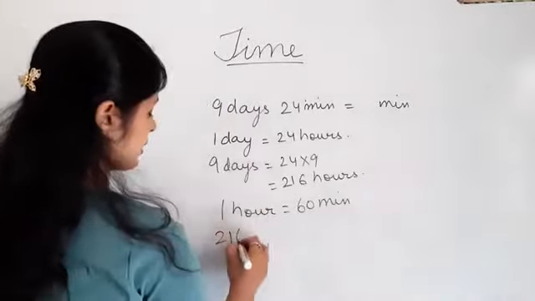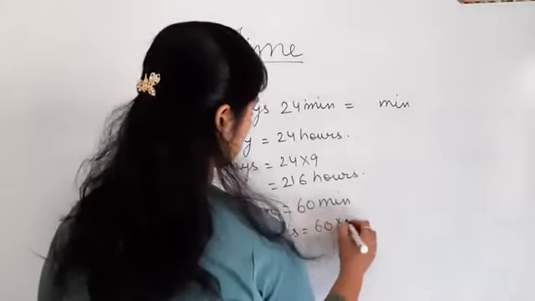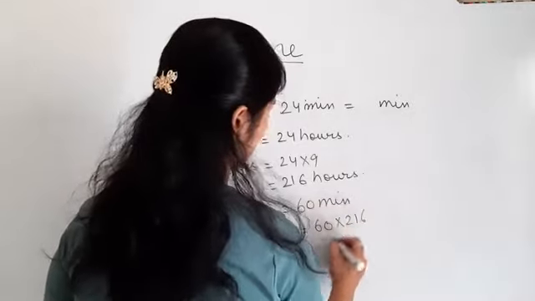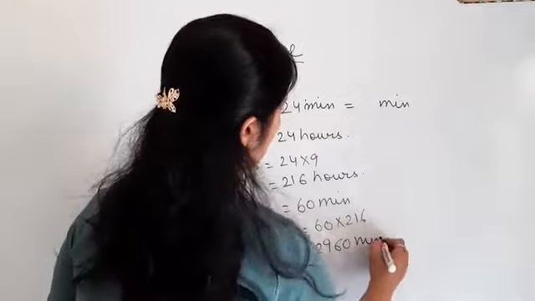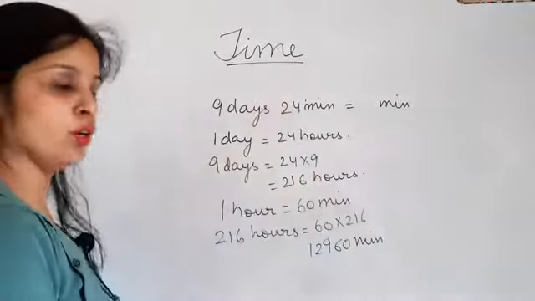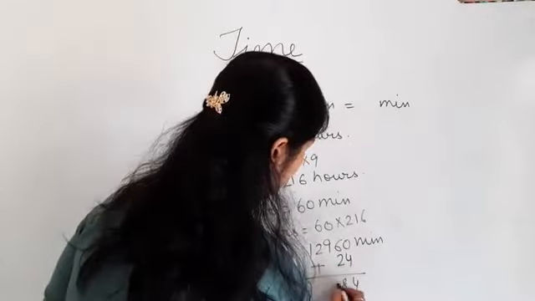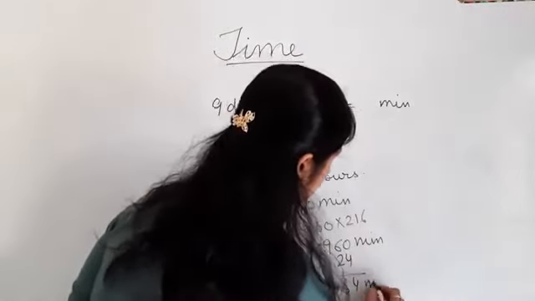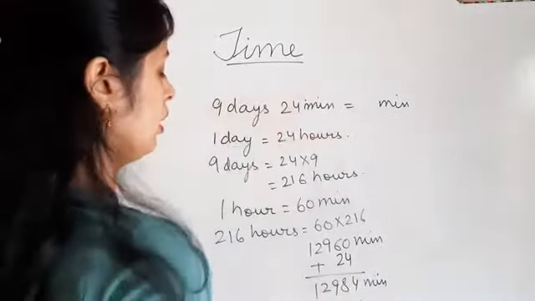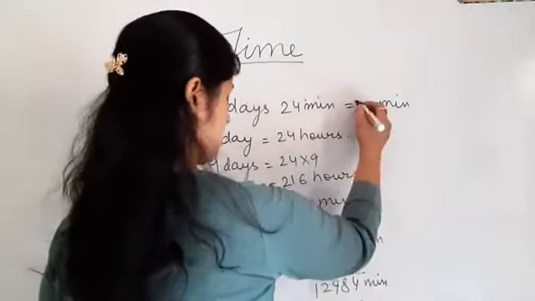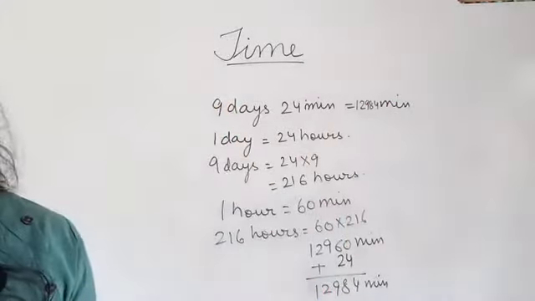So 216 hours is equal to 60 into 216 minutes, and we will add 24 to it. So this is the total minutes of 9 days 24 minutes. So our answer is 12984. I hope you understand.